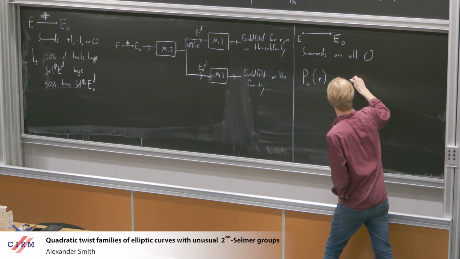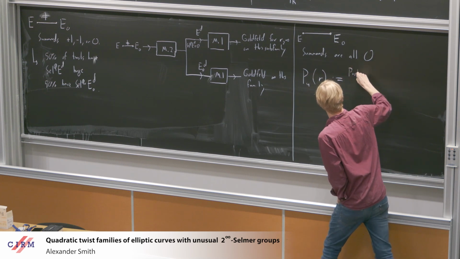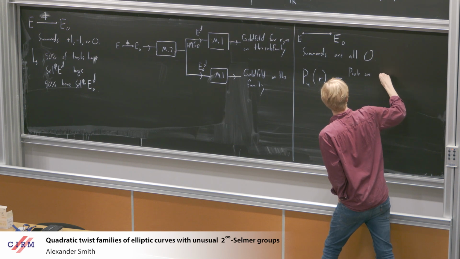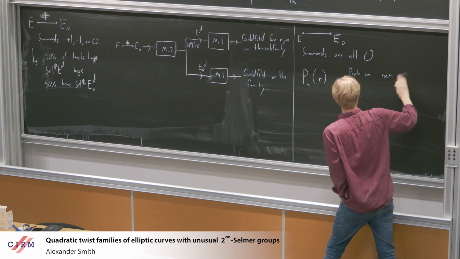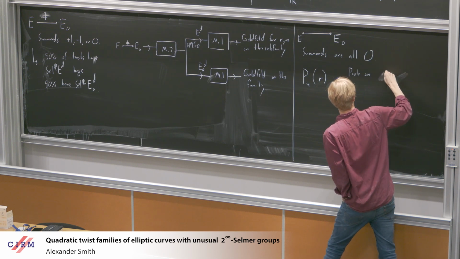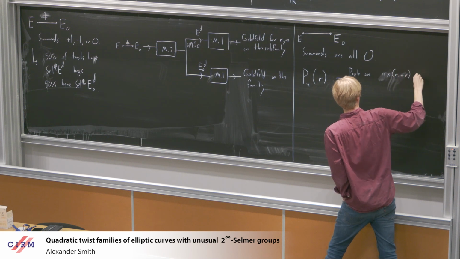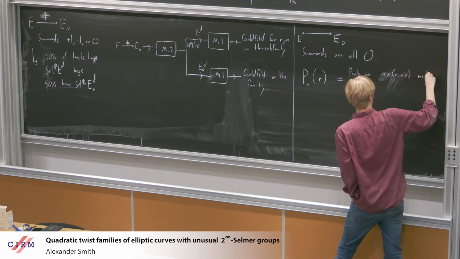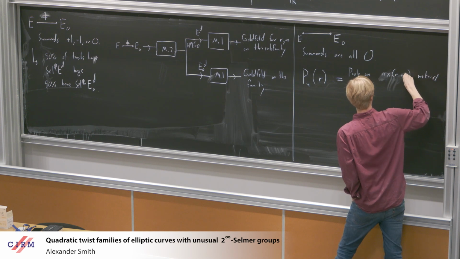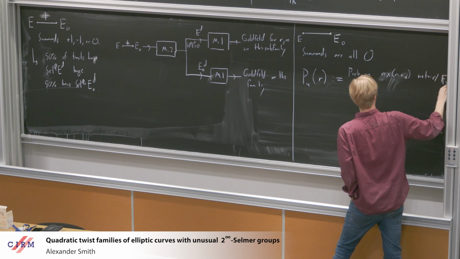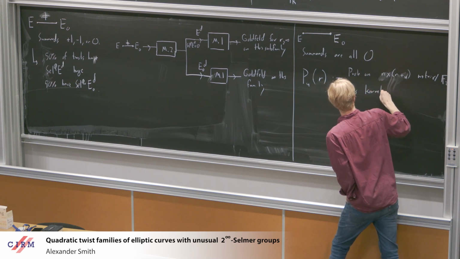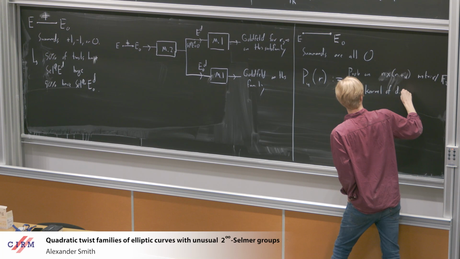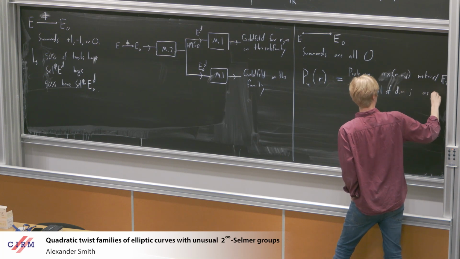So I'm going to take P_{U,R} to be the probability that a random n by n+r matrix over F2 has kernel dimension j as n tends to infinity.